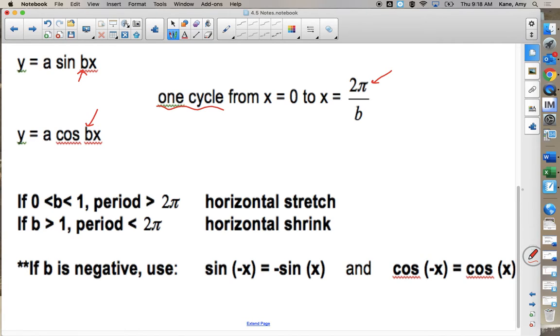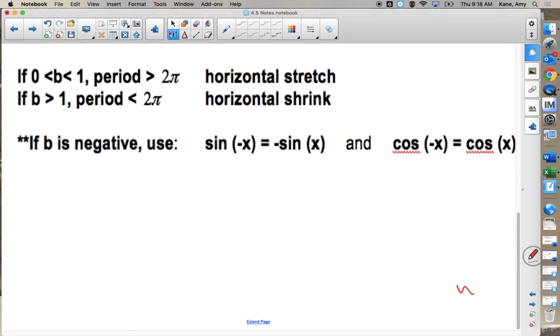The other thing, sometimes you're going to see negative angles. Anytime there's a negative inside with the angle, the negative angle property, identity, that we talked about back in 4.2, so it was a little while ago. But because the sine is an odd function, when you have a negative angle, odd functions become negative. So we don't make an angle negative.